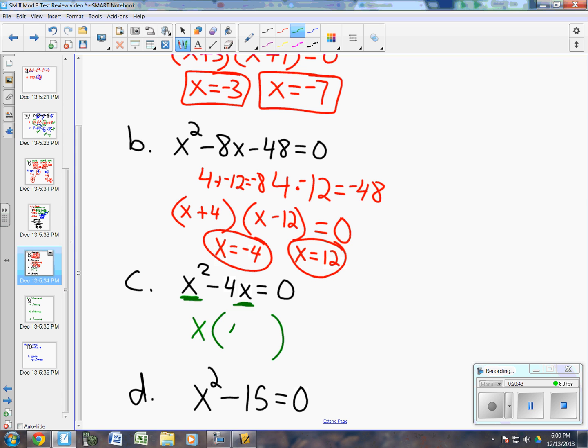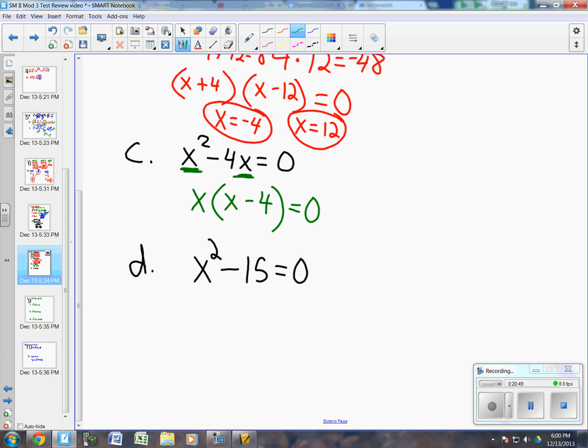That would leave me with x times x minus 4 equals 0. Well, if I set each factor equal to 0, first of all, the factor of x equals 0, so there's one of my solutions. And x minus 4 equals 0 would be x equals 4. And so those are my two solutions there. That one's pretty easy to do by factoring out the greatest common factor.